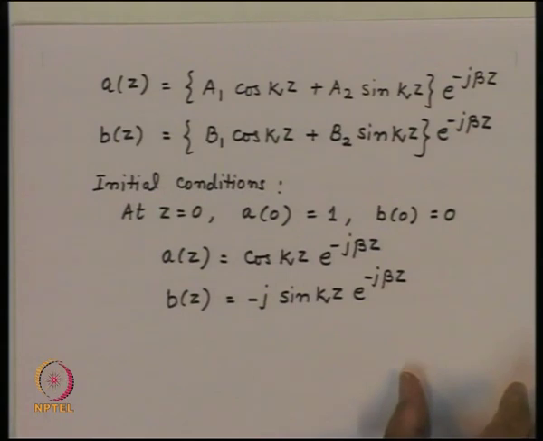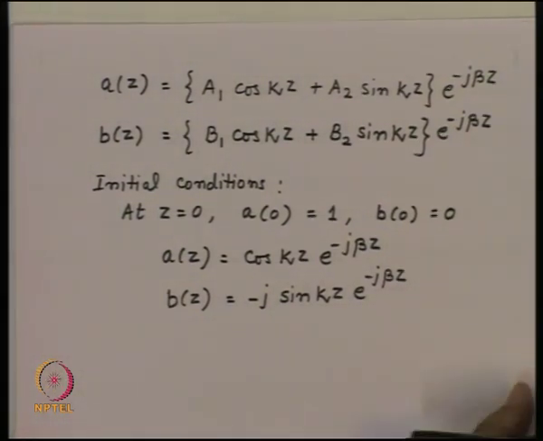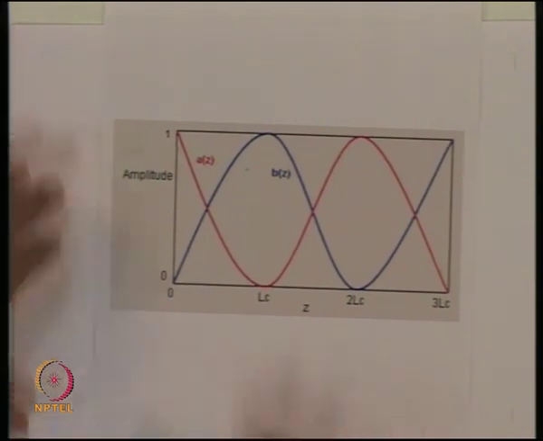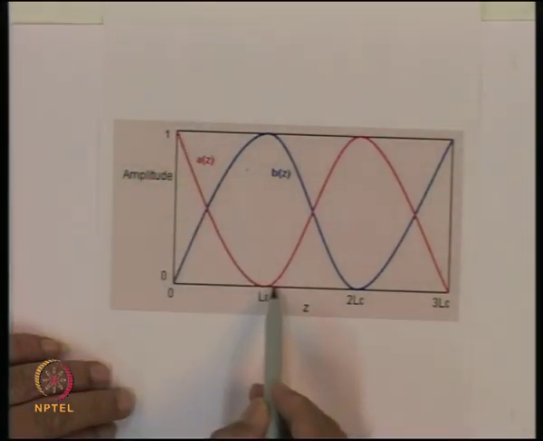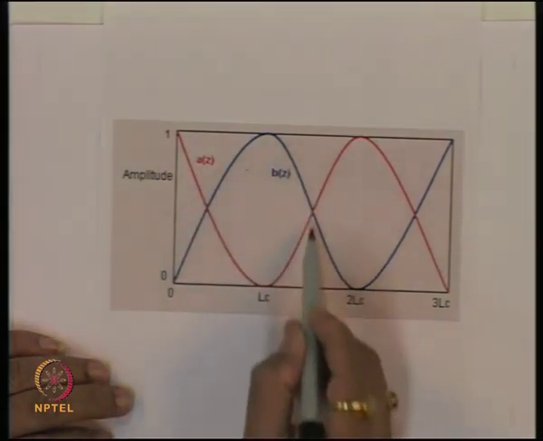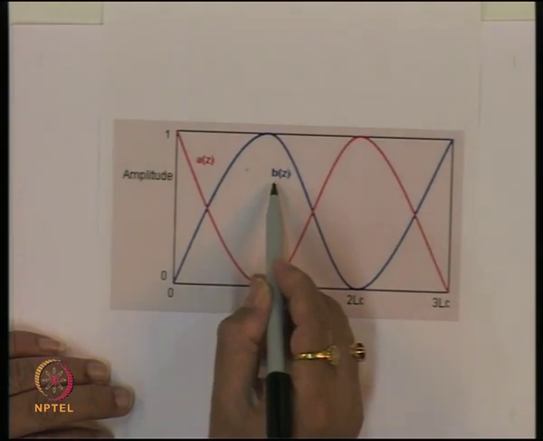This thing essentially can be plotted now, the amplitude. So if I plot the amplitude for these, we get an amplitude which will look like that. So here is the variation, this red color, that is the variation for A, and here is the variation blue which is for the signal B.